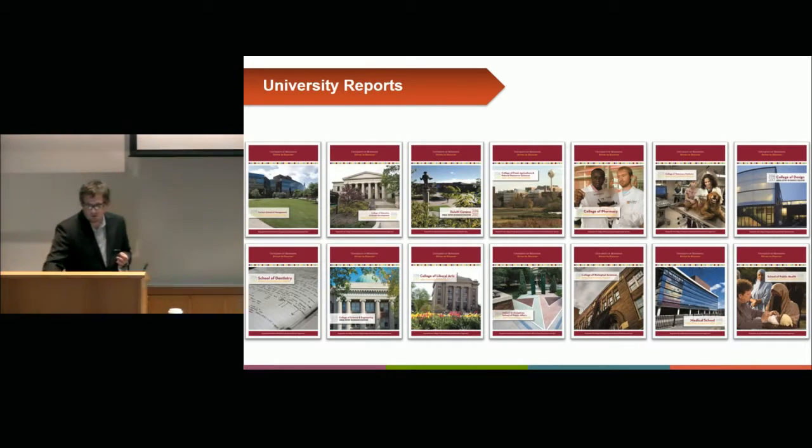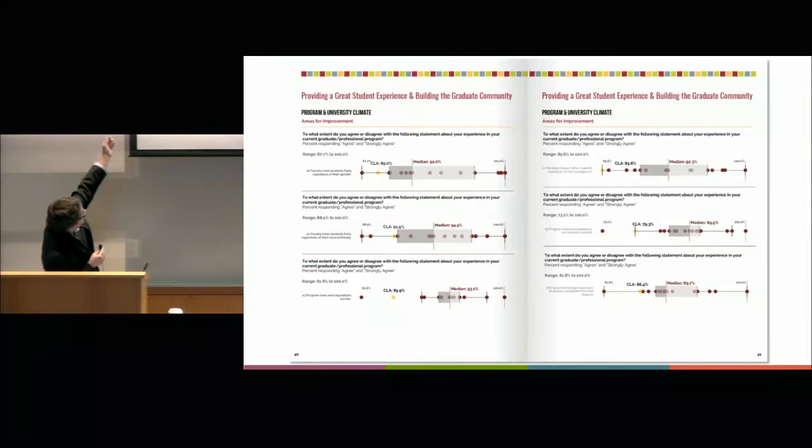To see what that looks like, here's an example. For a college, for university climate, here we have areas of improvement, and they identify some areas where it looks like CLA falls behind the other colleges on campus.